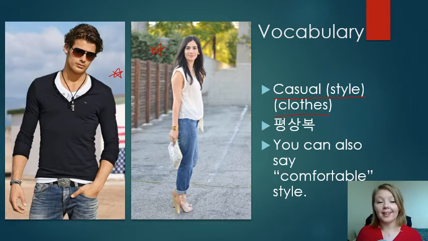If you are wearing casual clothes, you can wear things like a t-shirt, a blouse, and jeans. These are casual clothes or casual style. Remember that when we are wearing casual clothes, this might be what we wear when we go shopping, when we go to see friends, or when we are just doing normal everyday activities.